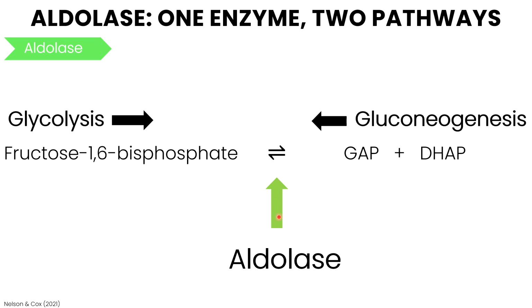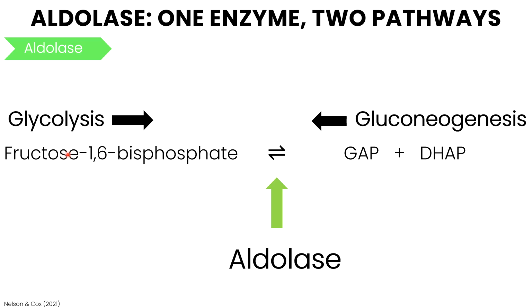This arrow is just showing you that the Aldolase is going to be within that reversible arrow, okay? So this reversible arrow here is important because Aldolase can catalyze this reaction in either direction depending on which pathway is operating. So let's look at glycolysis first, okay? During glycolysis, Aldolase catalyzes the cleavage of fructose 1,6-bisphosphate into 3-carbon products, GAP and DHAP.